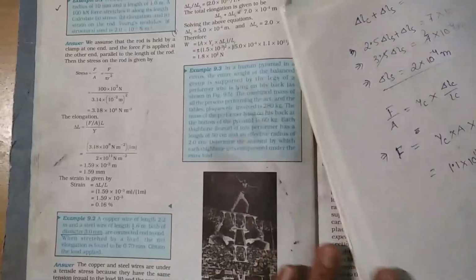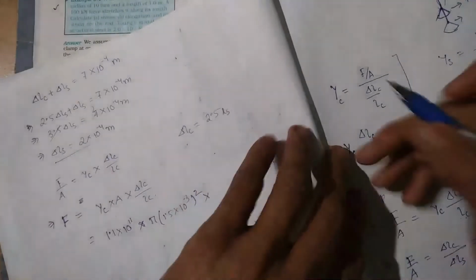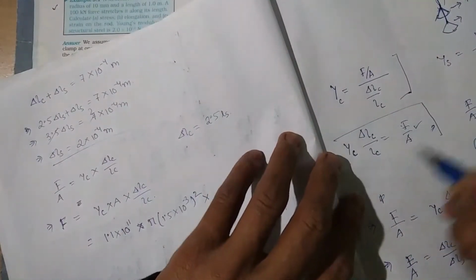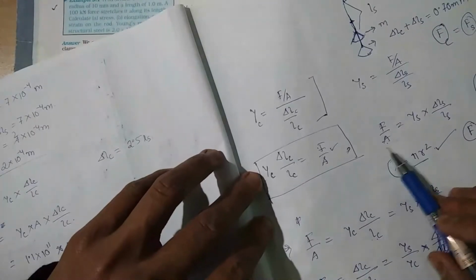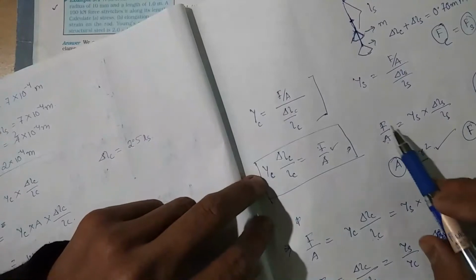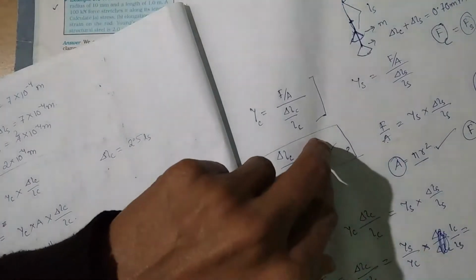Okay, now what we are doing is that we are trying to place this in this equation. We can place this in this equation, or we can also place this in this equation, in order to find the force. Here we are considering to calculate from this equation, or force per unit area is given as, what we need to calculate, the load applied, that is the load applied is equal to force.